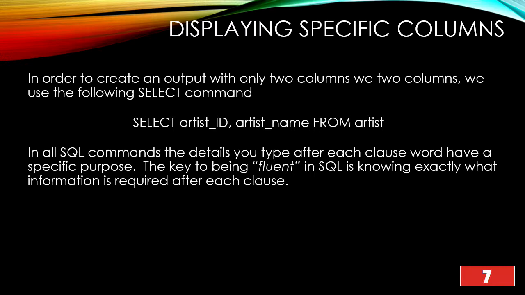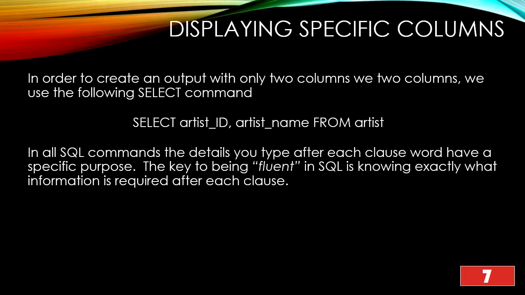In all SQL commands, the details that you type after each clause word have a specific purpose. So you want to be fluent, you want to understand SQL and type in the commands at ease without thinking of them. The key to being fluent in SQL is knowing exactly what kind of information is required following each of the clause words.